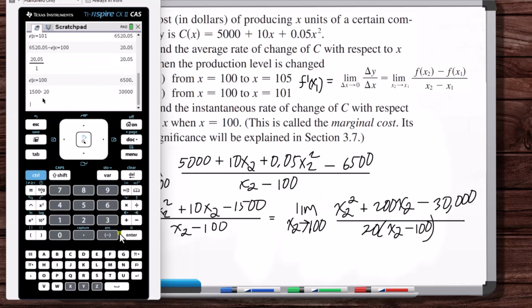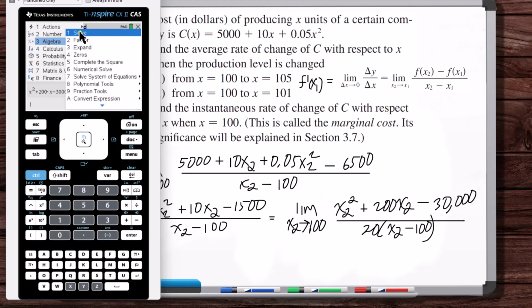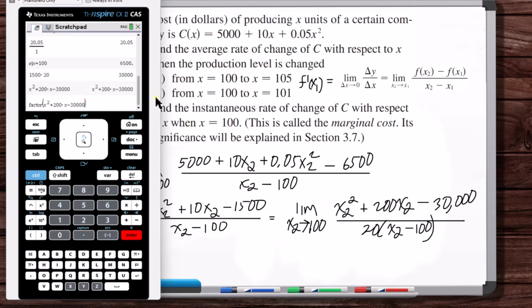Okay, so now let's see if we can factor. The numerator, X squared plus 200 X minus 30,000, factors as X minus 100 times X plus 300.